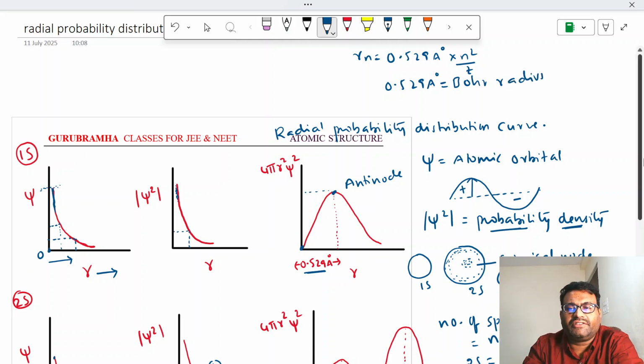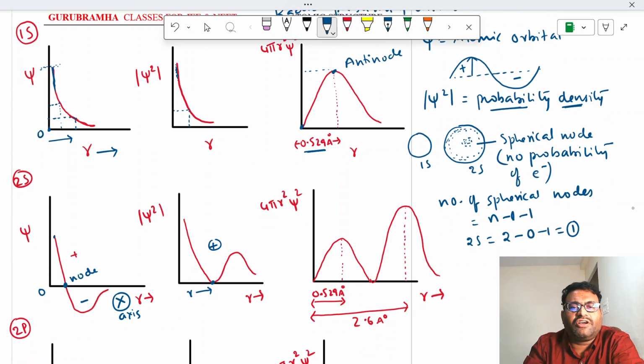So for the 1s orbital, at this 0.529 angstrom units there is an antinode, where the curve is at its maximum peak.